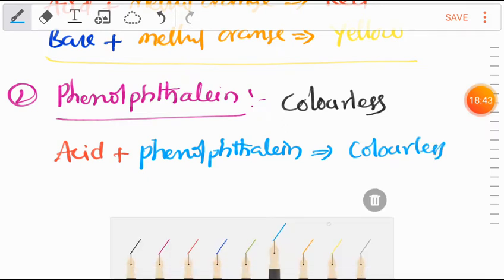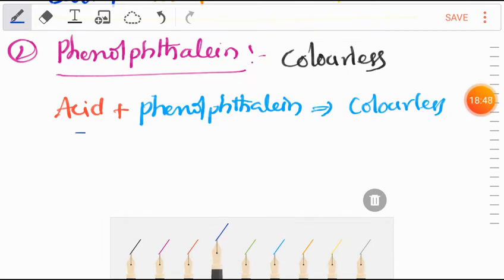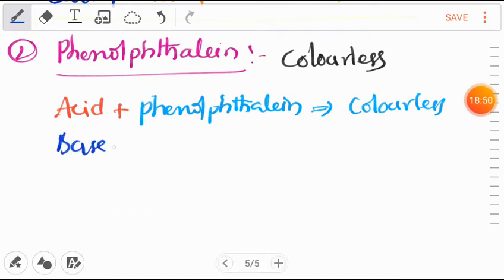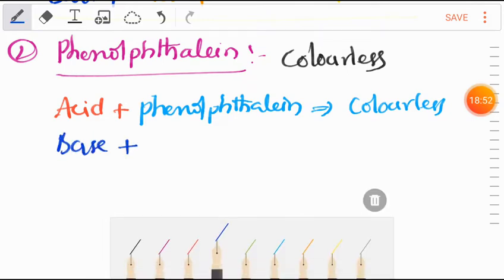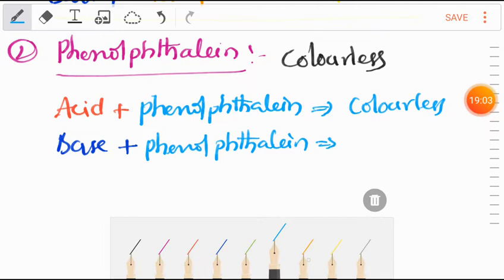Next, base plus phenolphthalein indicator gives pink.